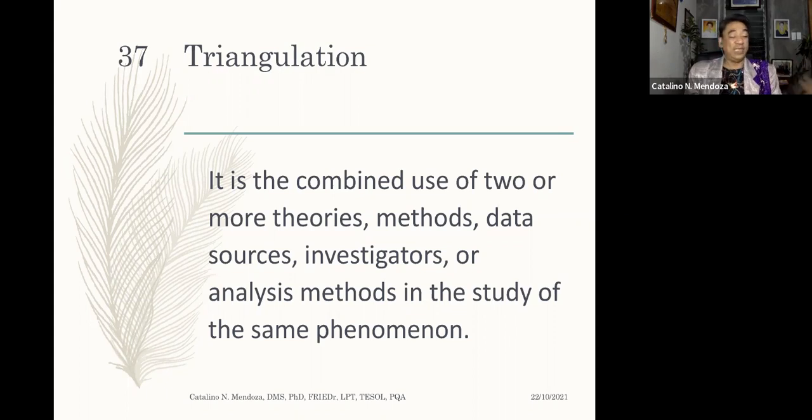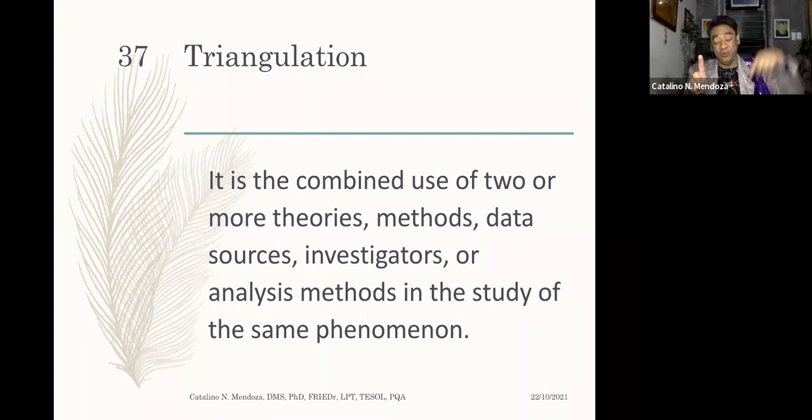This is one among the areas of which intensifying the existing data, wherein the most common use of triangulation is a combination of qualitative and quantitative. Quantitative means statistically prepared.